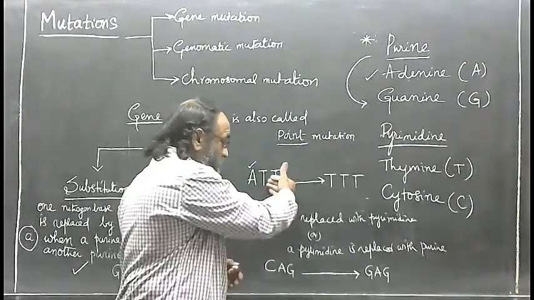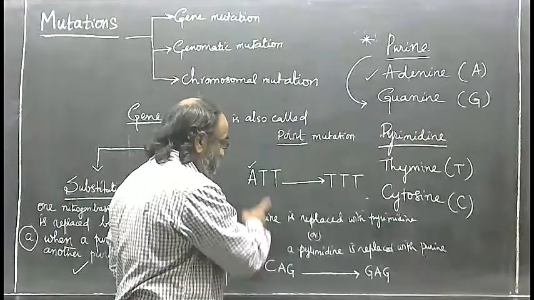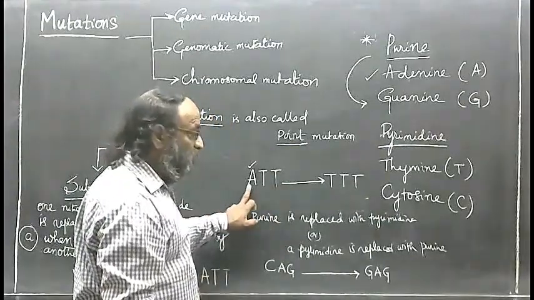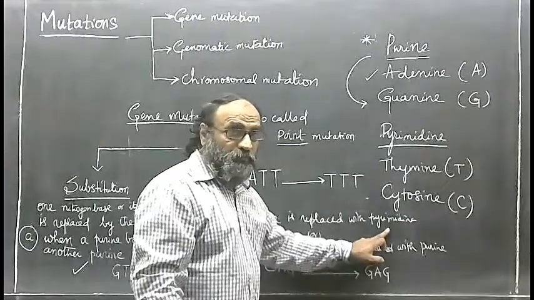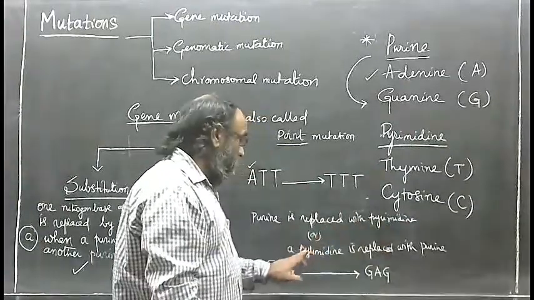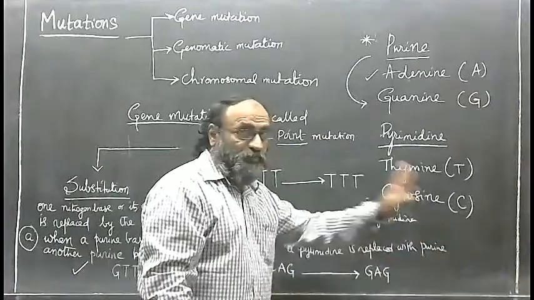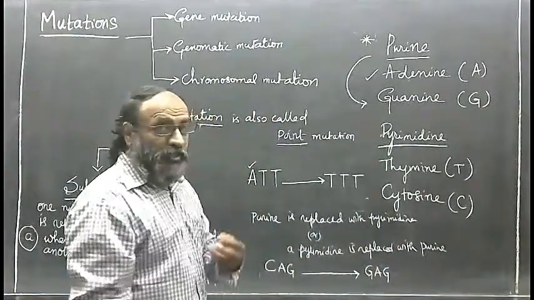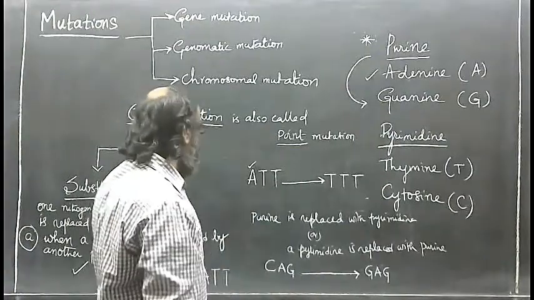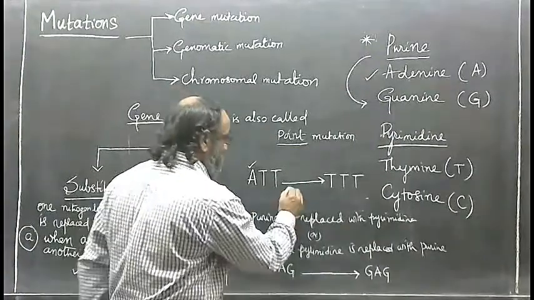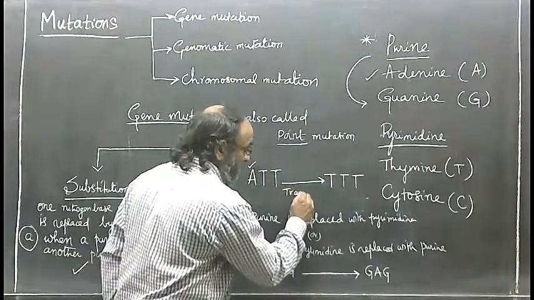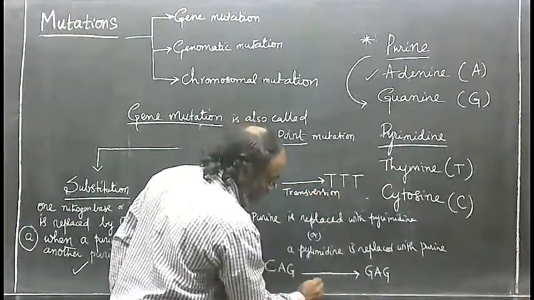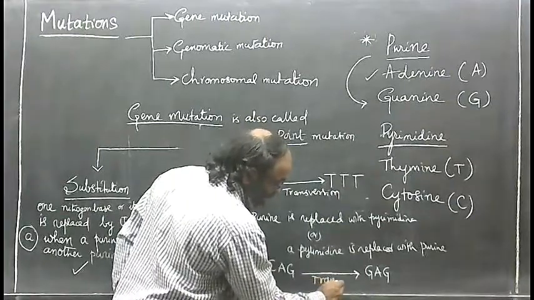In these particular cases, one purine is replaced with a pyrimidine, or a pyrimidine with a purine. Then it is also a kind of substitution by transversion.